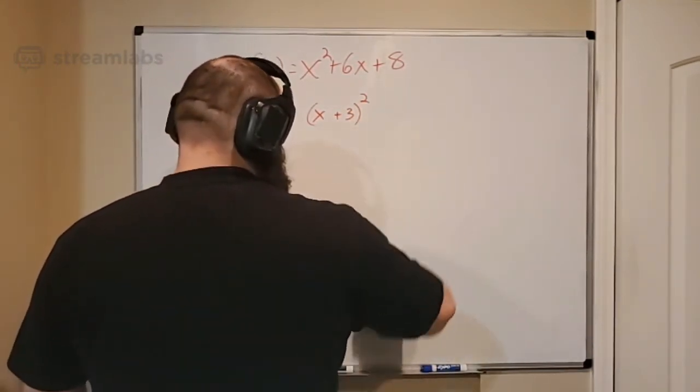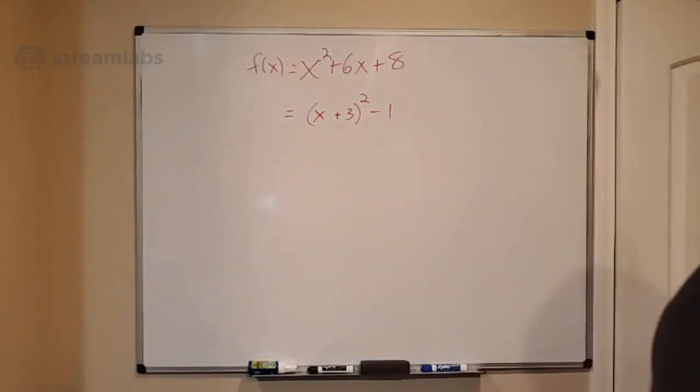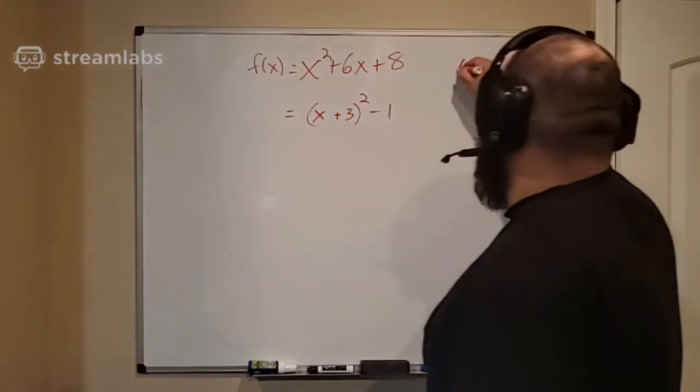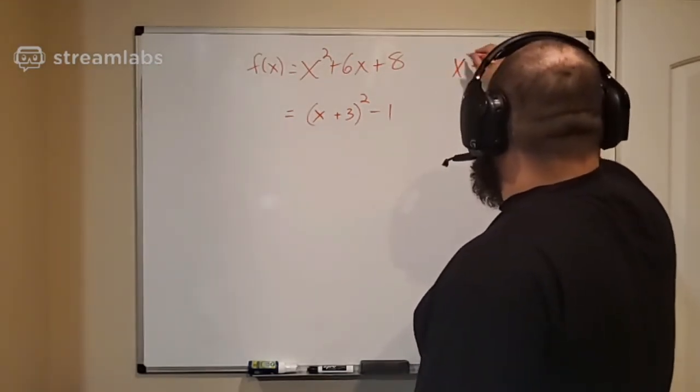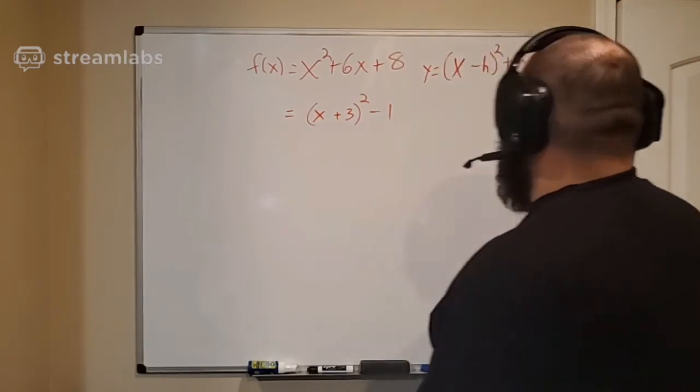So a couple ways you can get it into this vertex form. One, you can complete the square. That's perfectly fine. Two, you could find the vertex from calculus and know how to put it into vertex form. Remember, your vertex form from pre-calc for a parabola is x minus h squared plus k.